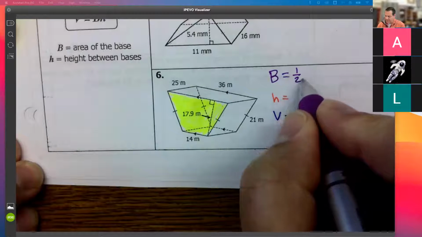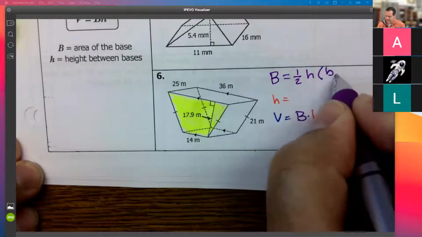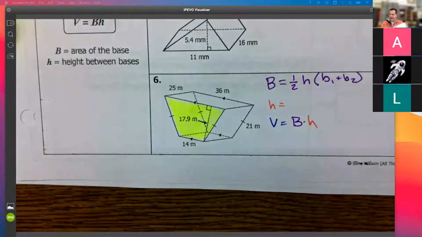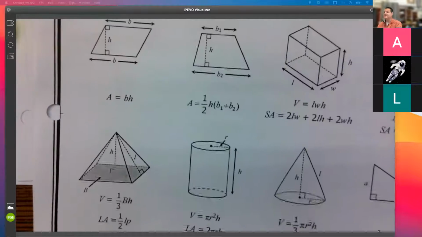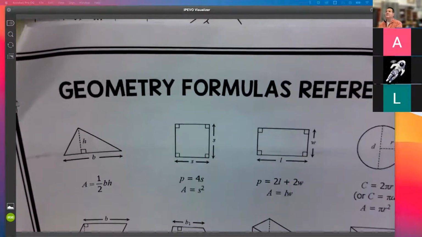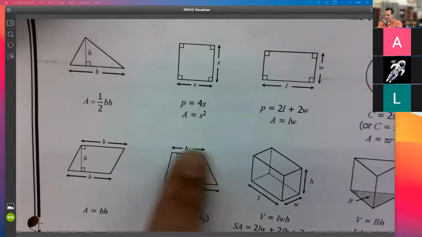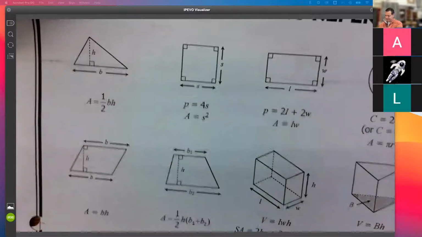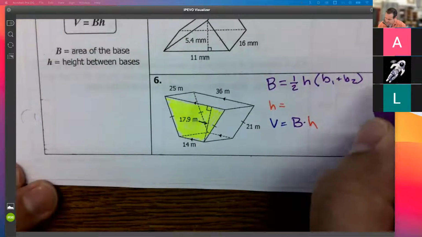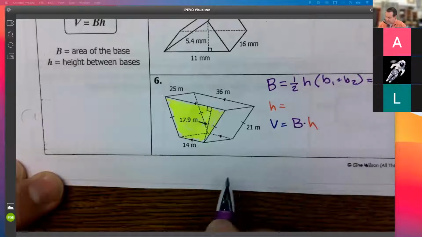This is the one that's 1/2 the height times B1 plus B2. And if you've forgotten that, you'll remember that on the first day of this unit, I gave you this sheet with a bunch of formulas, right? All these area formulas that you're going to be using. So in this case, I would be doing 1/2.